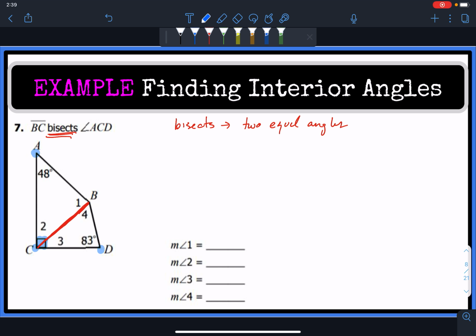Therefore, this 90-degree angle, let me do it in blue. This angle right here is a 90-degree angle, as indicated by this square right there, and is going to be divided into two equal parts, which means that angle 2 and angle 3 are both going to be 45.